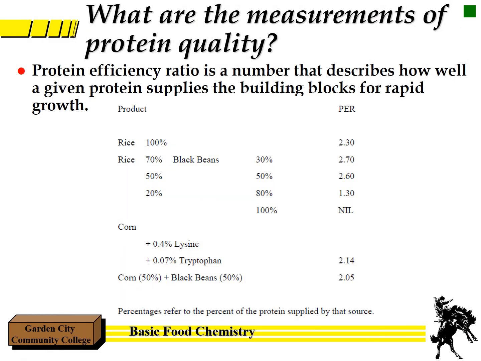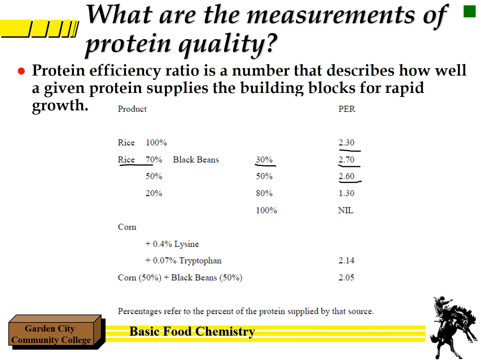So this protein efficiency ratio, again, is a number that describes how well a given protein will supply the building blocks for rapid growth. So you can look in this trial, it's a 100% rice product and has a 2.3 protein efficiency ratio. But then if you add the rice at 70% with black beans at 30, it goes to 2.7. But at 50-50, it goes down to 2.6.